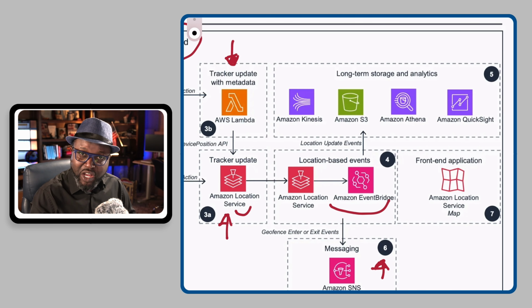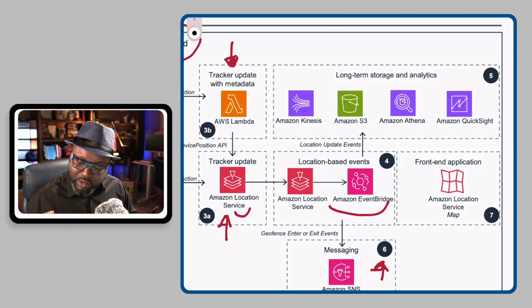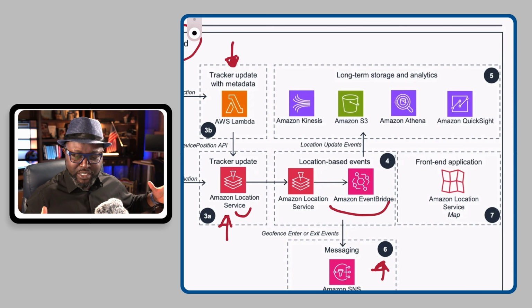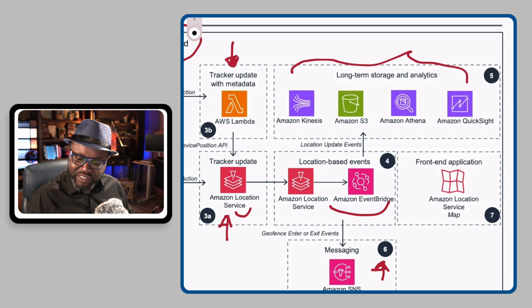You create a topic, you subscribe to that topic using an email or a text or phone to receive text messages and stuff. So one thing that we need to keep in mind is that whatever happens, the Event Bridge service will take that and store it in here.